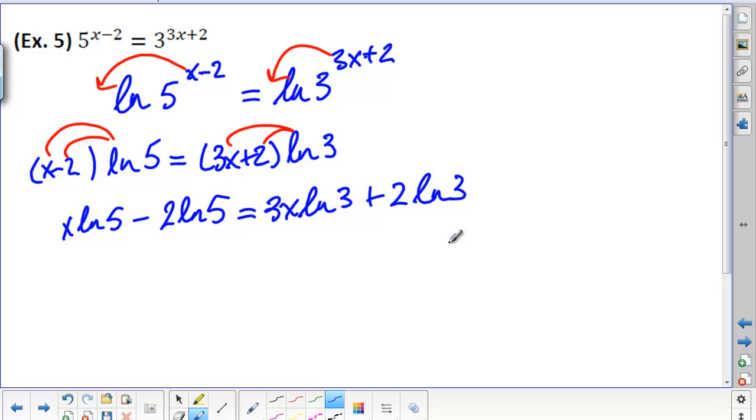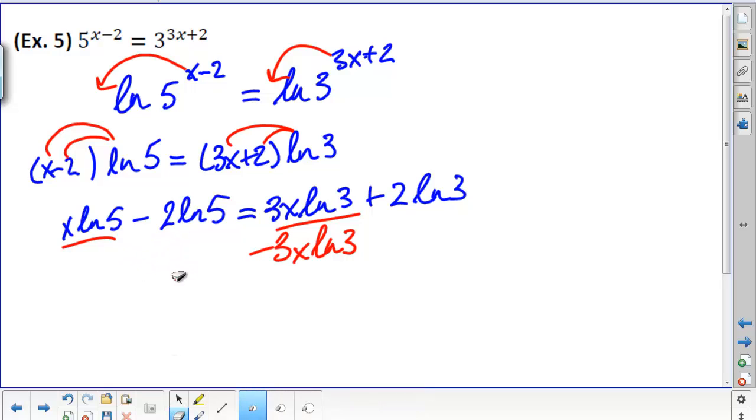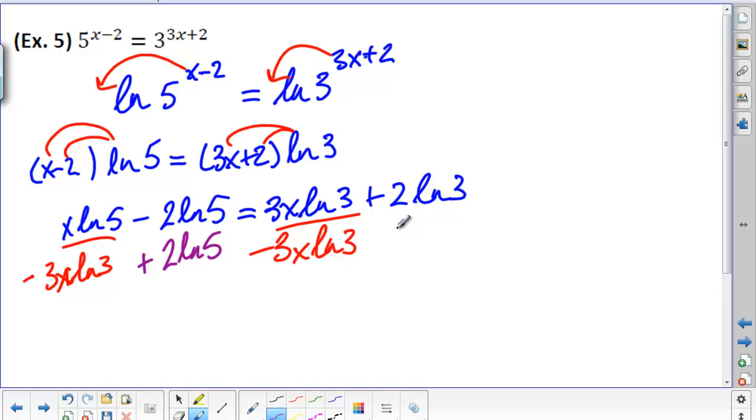Okay. Now let's get our x terms on one side. That's this guy and this guy. So we're going to subtract 3x natural log 3 from both sides. Okay, and let's go ahead and add 2 natural log 5 to both sides.